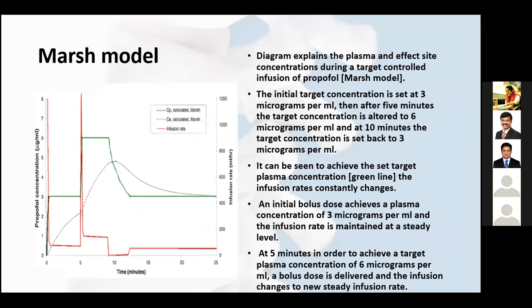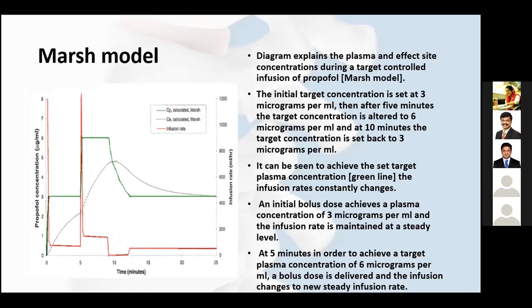Just to explain about the Marsh model, this diagram shows the plasma and the effector site during a TCI of propofol. The initial target concentration is set at 3 microgram per ml. Then after 5 minutes, the target concentration is altered to 6 microgram per ml. And at 10 minutes, the target concentration is again set back to 3 microgram per ml.